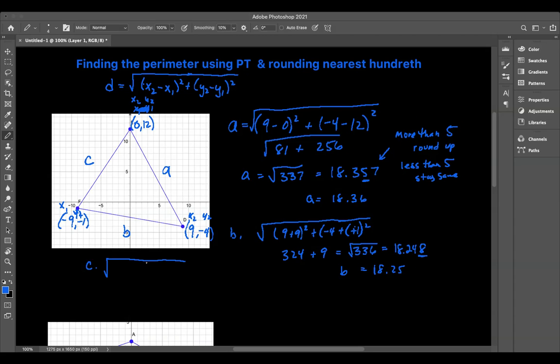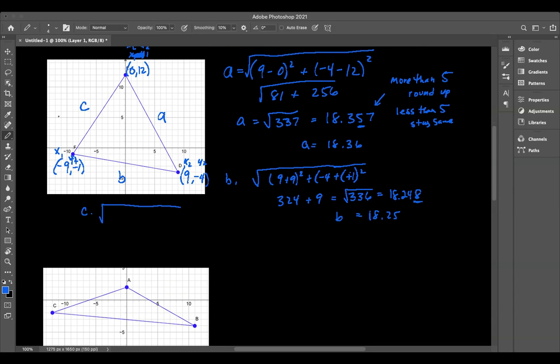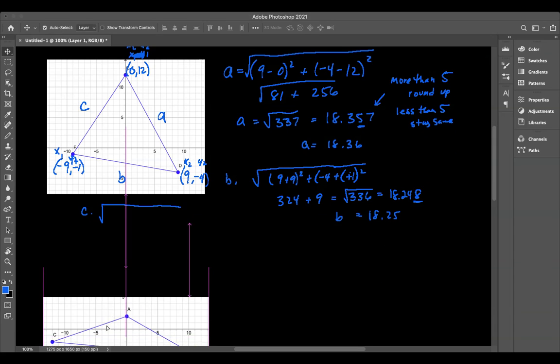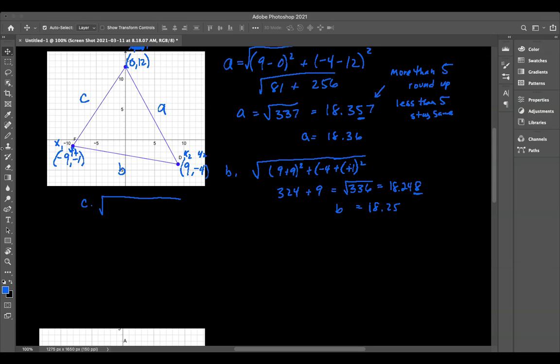Okay, so let me do my math out here. Let me get some more space too. Sorry about this, guys, so I can really make some work here. From there, all I would have to do is plug it back into the equation. So again, I got 0 minus 9 squared plus y2, which is 12 minus 1 squared.